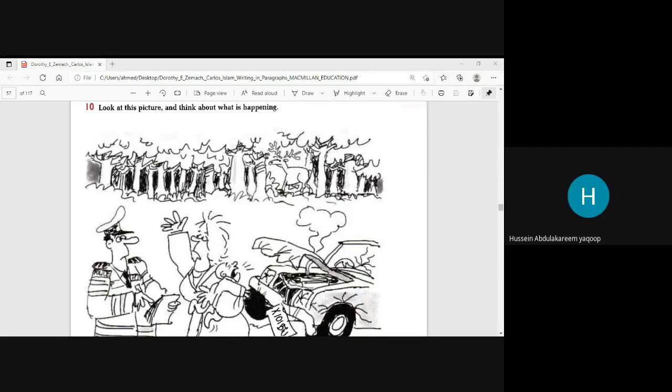Okay. Thank you very much, Kauthar. Now, the coming question: what title can you give to this cartoon, a suitable title for this story in general?